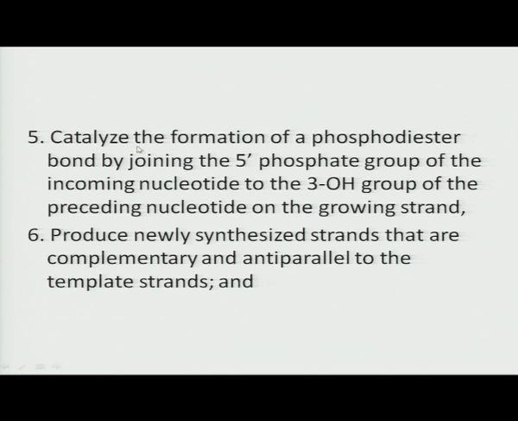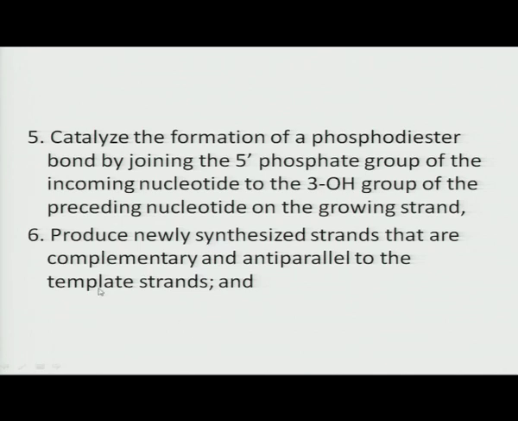DNA polymerase catalyzes the formation of a phosphodiester bond by joining the 5 end phosphate group of the incoming nucleotide to the 3 OH group of the preceding nucleotide on the growing strand. It means that the old nucleotide has a free 3 OH group, where the new nucleotide will be added with its 5 phosphate group by forming the phosphodiester bond.